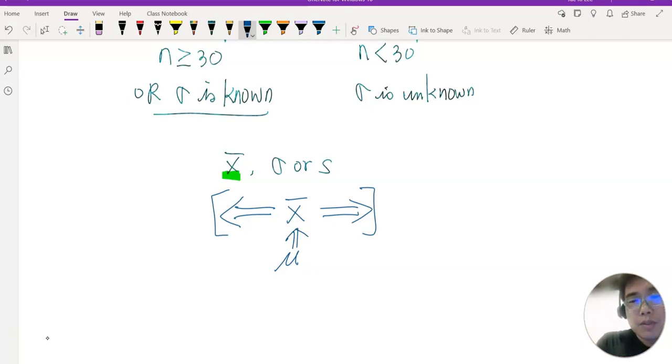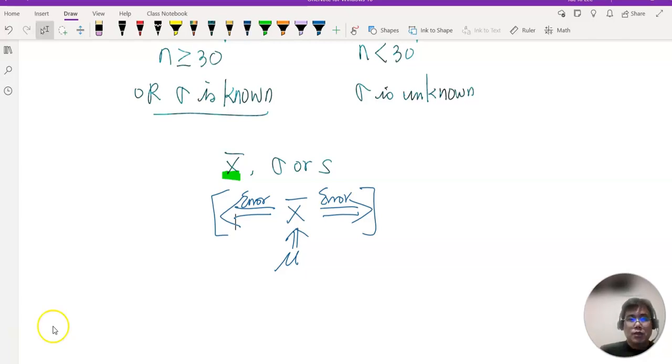This interval we just call error. So whenever we talk about confidence interval, we find the error first, and then based on the error, we use the sample mean and extend some space, and then we determine the interval for the population mean. That's basically the definition of confidence interval.